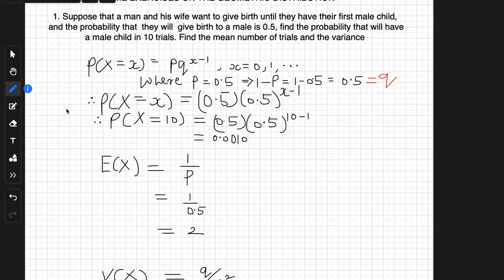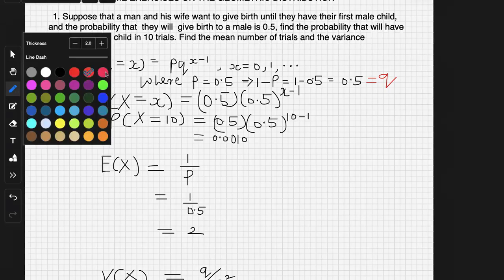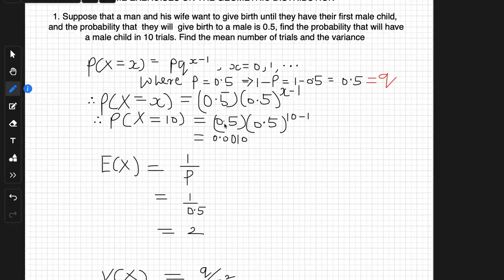Then we have 0.5 multiplied by 0.5, that's 0.5 raised to the power of x minus 1. When x is 10, so for 10 trials, it will be equal to 0.5 times 0.5 raised to the power of 10 minus 1, and approximately your answer will be what we have here.